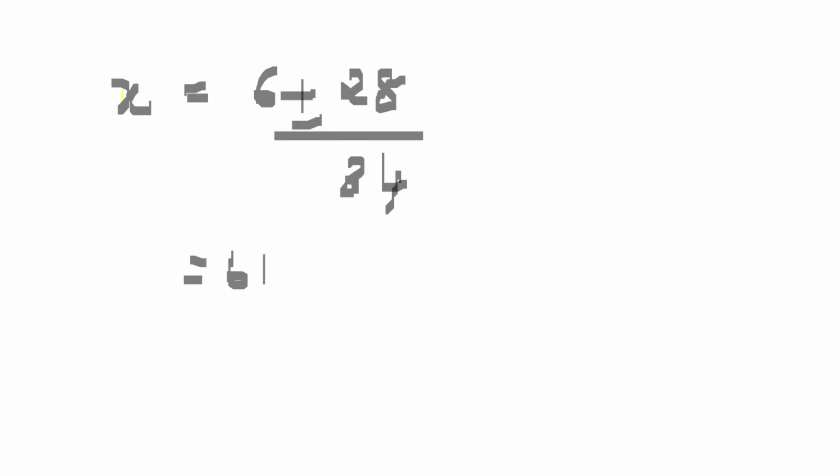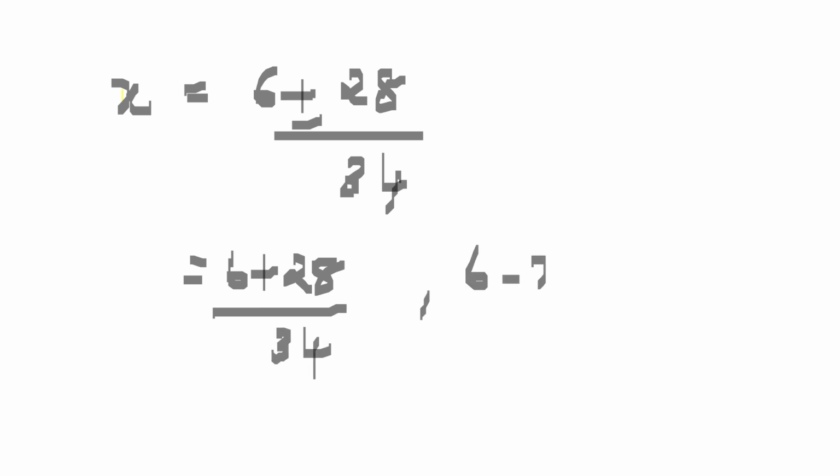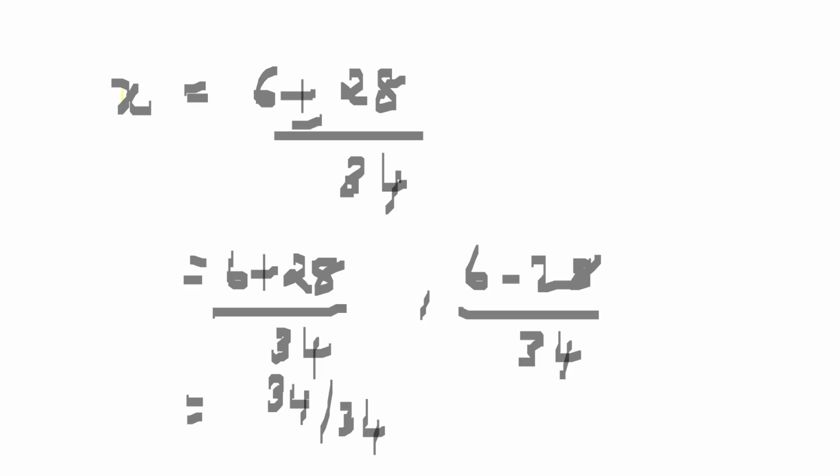So 6 plus 28 by 34 and 6 minus 28 by 34. So 6 plus 28 is 34, 34 by 34, and 6 minus 28 is minus 22 by 34.